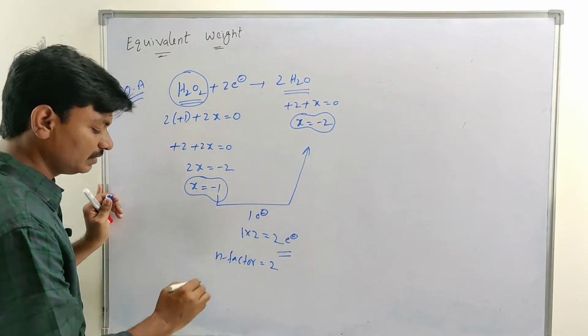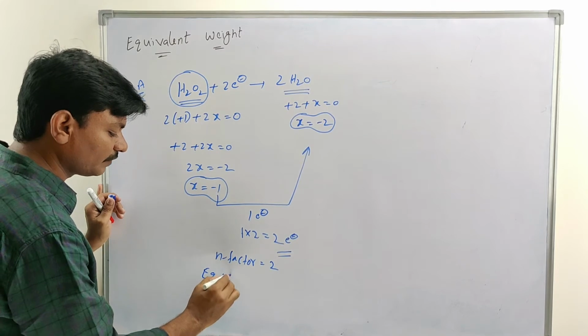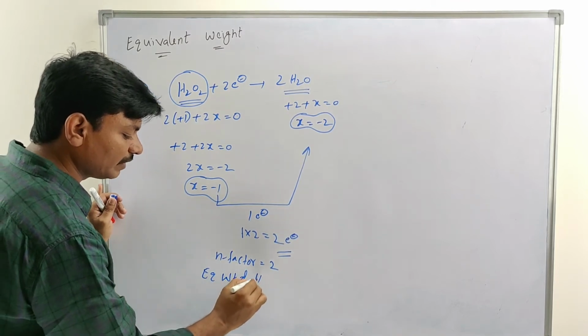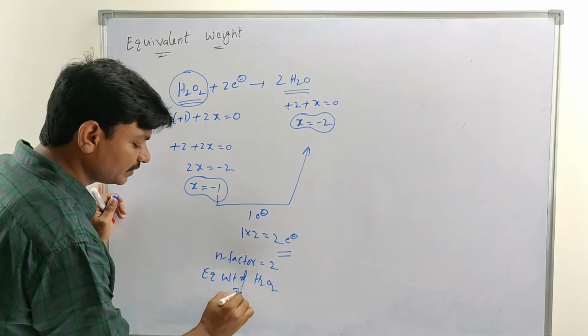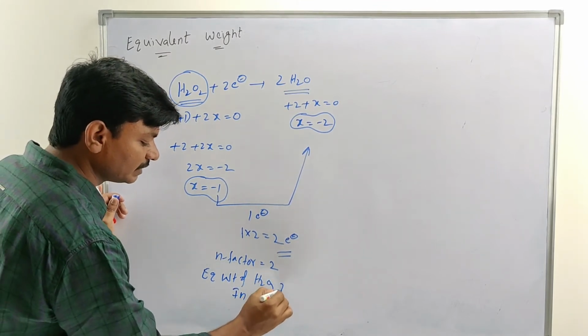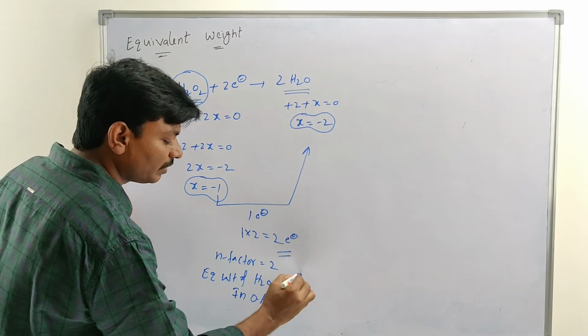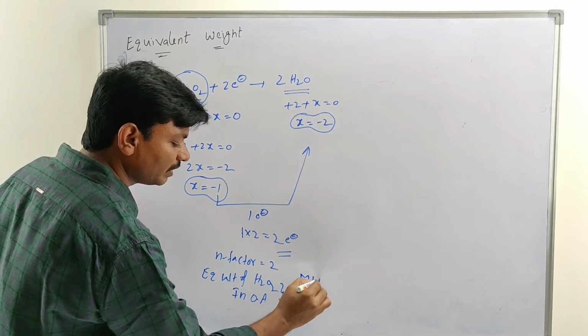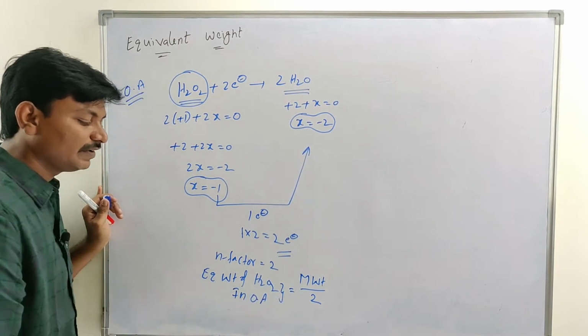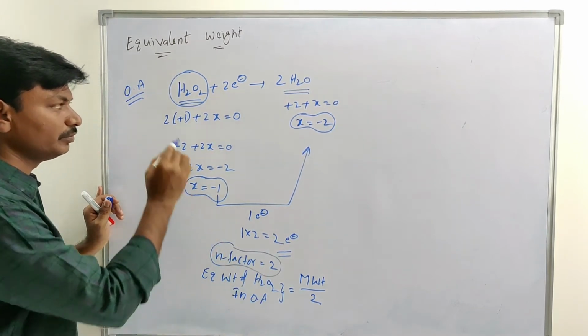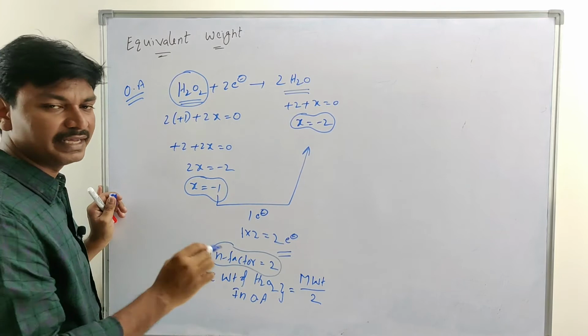equal to 2. That is, the equivalent weight of H2O2 in oxidizing agent reactions is equal to the molecular weight of H2O2 divided by 2. 2 is the n factor value for the H2O2 molecule in oxidizing agent reactions.